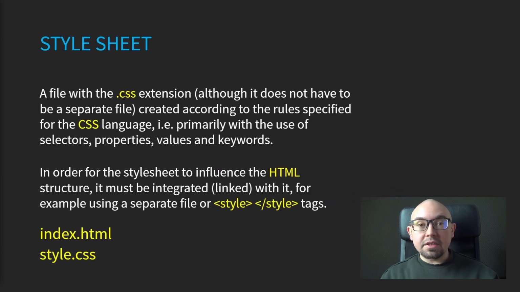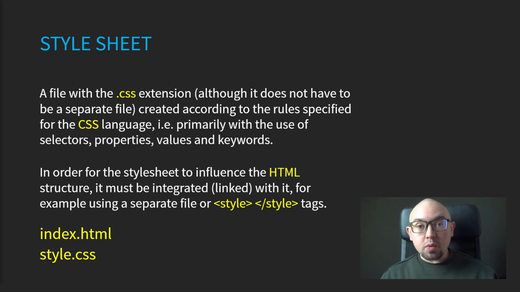Now let's focus on the definition. Since CSS is cascading style sheets, let's just say what the style sheets themselves are. Let's divide this definition into two parts. The style sheet is a file with the CSS extension created according to the rules of the CSS language. Let's say right away that CSS, like HTML, is not a programming language, although there are some elements specific to programming, such as functions.